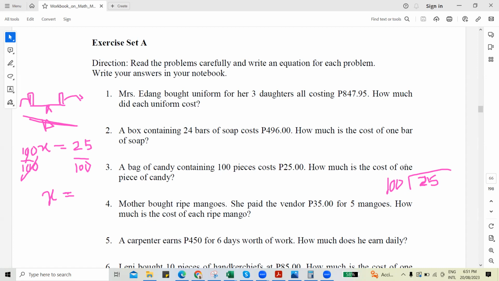100 divided by 25 is 4, the opposite. But we need the other side. So you can turn it into a decimal, right? 100 goes into 25... Then put 0. 0 here. 25.